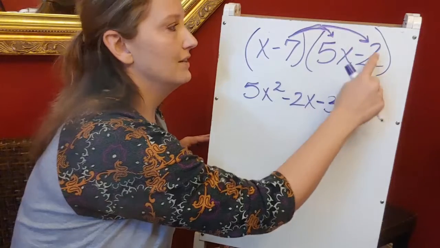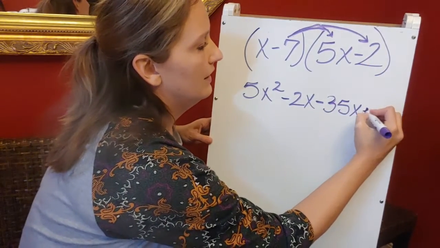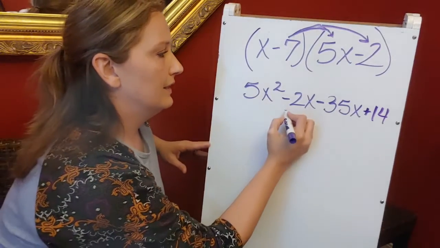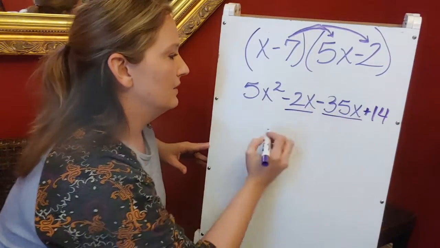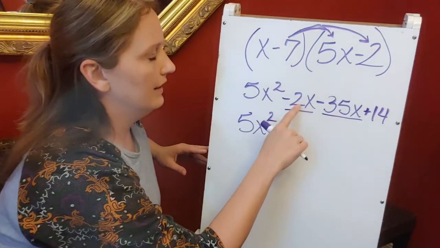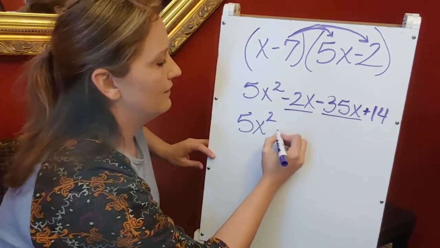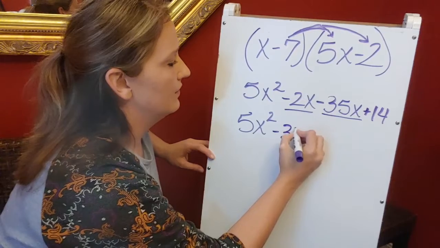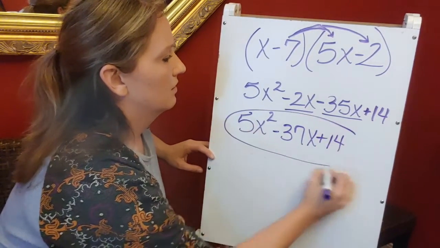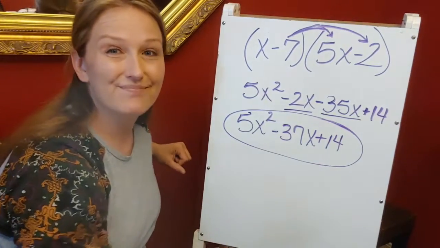So -7 times -2 is plus 14. And then I'm going to combine my x's here in the middle to get 5x squared. -2x minus 35x is a -37x plus 14.